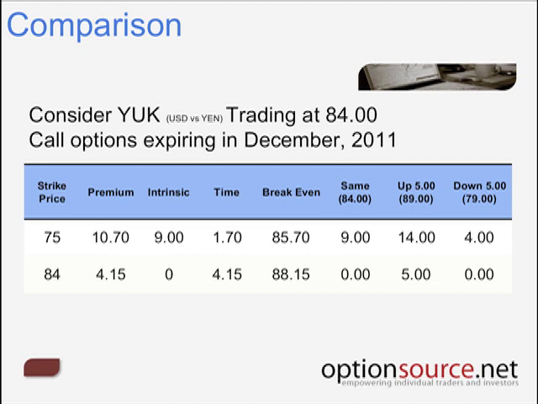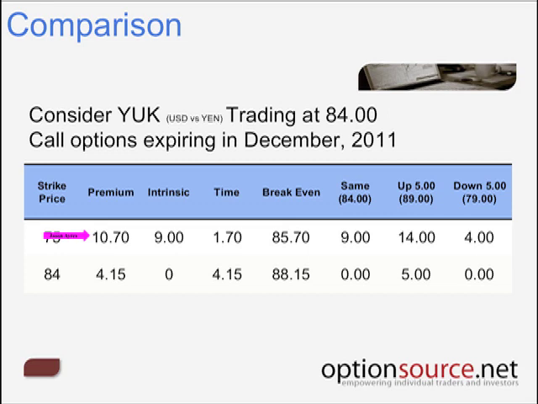So let's take a look at, for example purposes, two very clean examples here. One is a deep in the money option contract. We're looking at the underlying pair, YUK, trading at 84, and a 75 strike call option, which is deep in the money, versus an 84 strike call option, which is at the money.